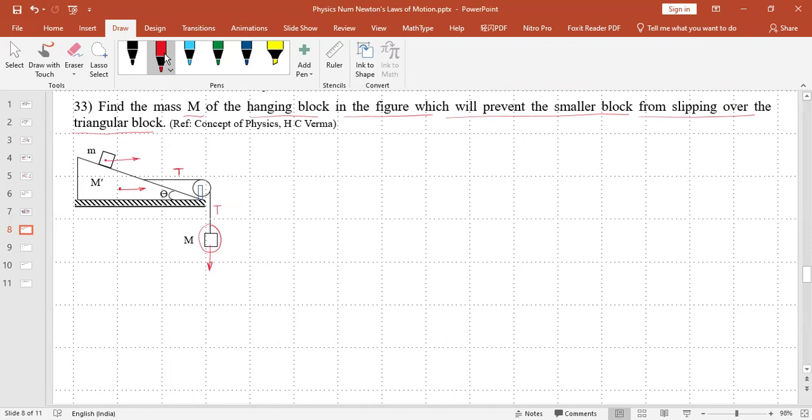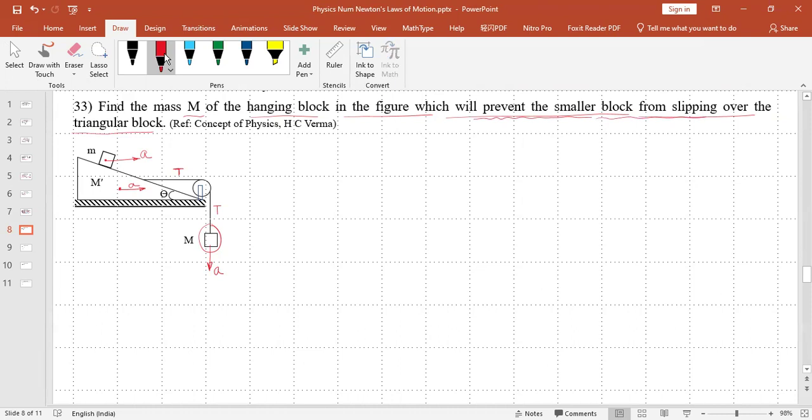Say this acceleration is A. So this acceleration is also A, and this acceleration is also A if this smaller block does not slip over the slope. In fact, the problem says it will prevent the smaller block from slipping.